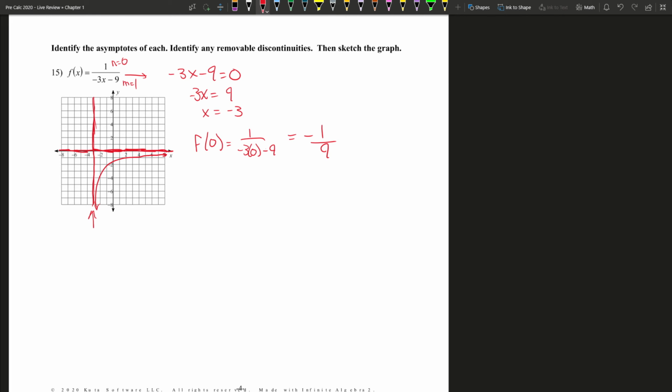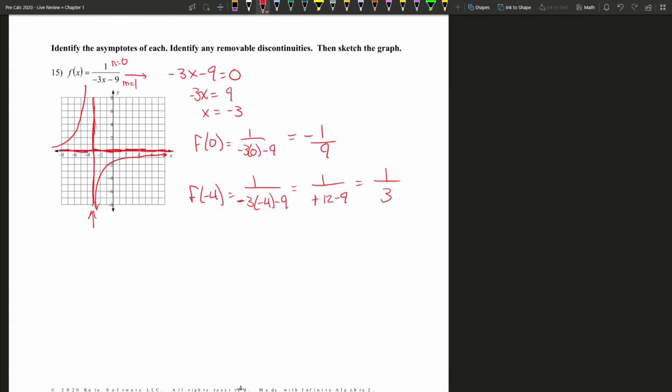Then we need to test the left, so we can test negative 4. When we do that, we just get 1/3, which is above our horizontal asymptote. So our graph looks like that.